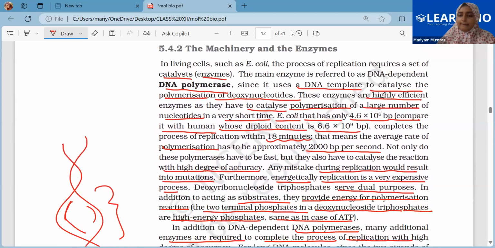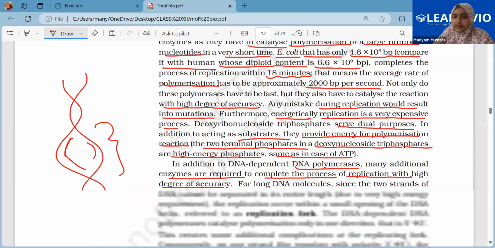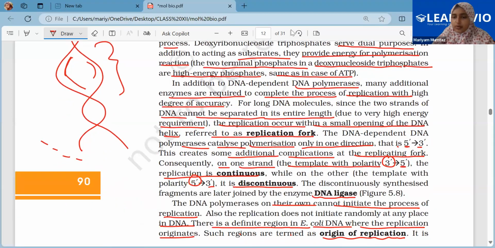Then after that, replication fork. But initially, what do we need? We need the origin of replication, without which the replication will not happen. Now we need a replication fork. Then we need DNA dependent DNA polymerase. Now we also need the DNA ligase. So all of these things are very important for the DNA replication process.